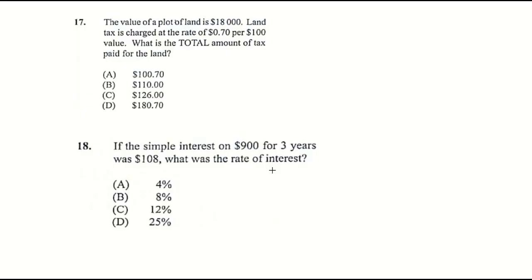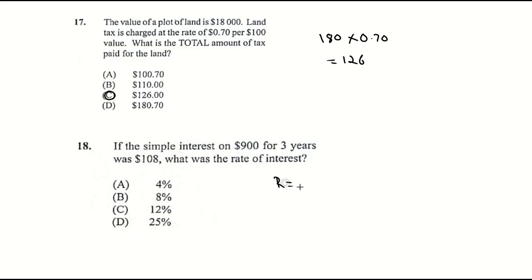Right, number 17, the value of a plot of land is 18,000. Land tax charge. We did this question just now. 70 cents per 100, so you're asking how many hundreds it was. It was 180. 180 multiplied by 0.70 was 126, which is C. They want to know the interest.